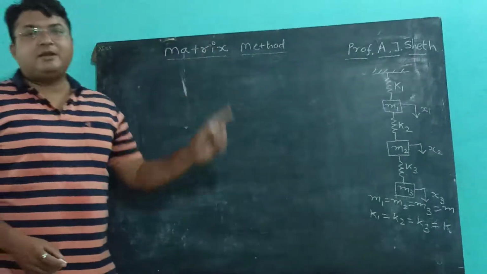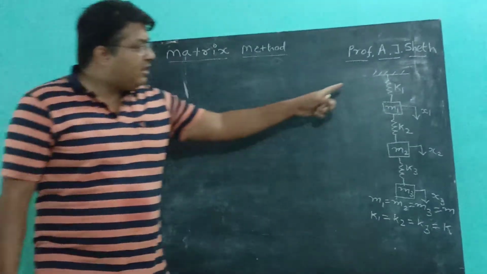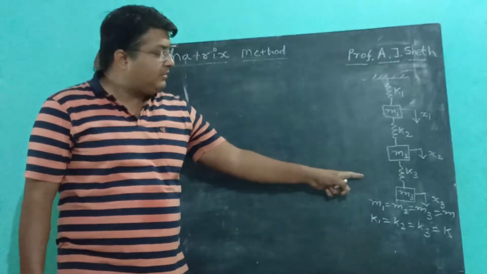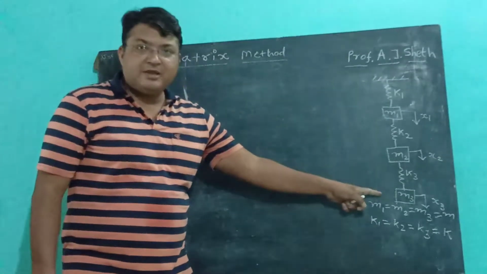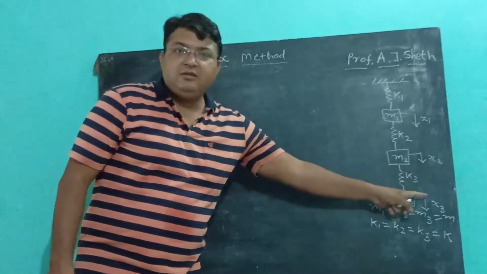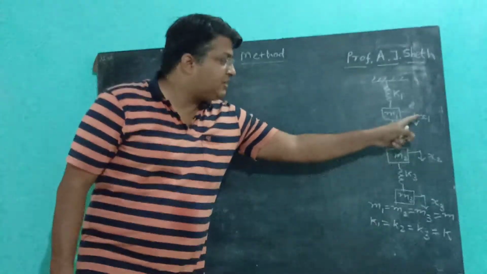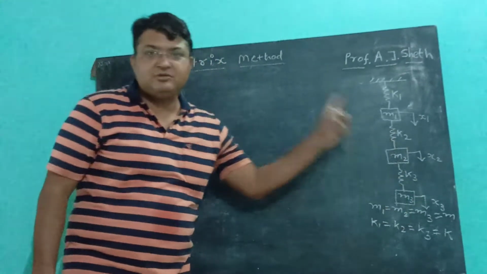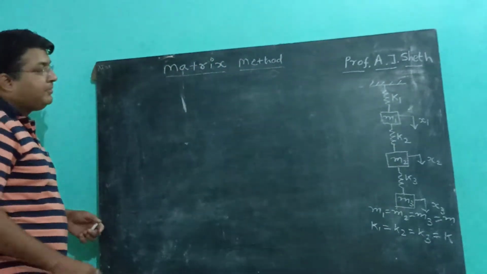Now let us understand the matrix method, where in our conventional model I have taken masses m1, m2, m3, three stiffeners, and three different displacements x1, x2, and x3. So it is a multi degree of freedom case.